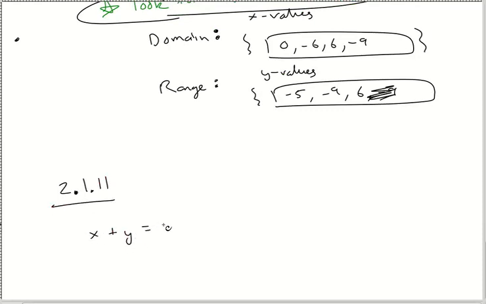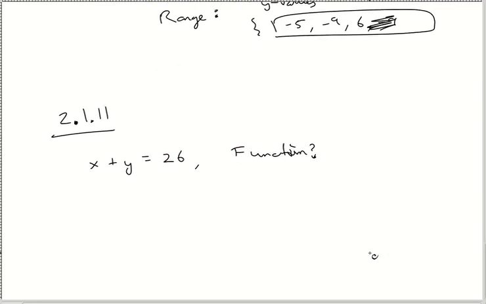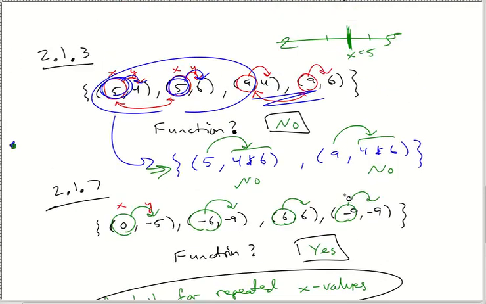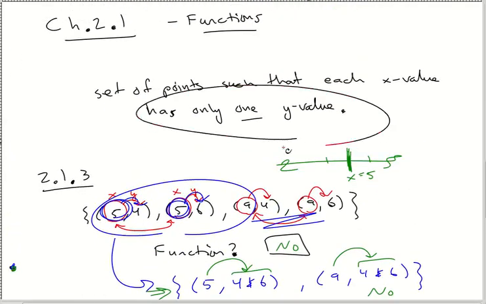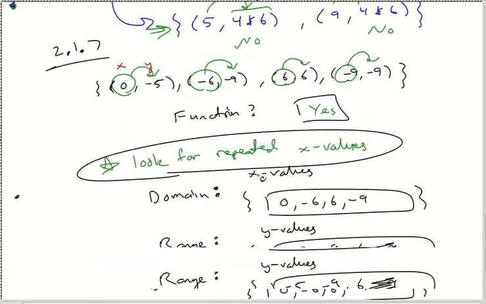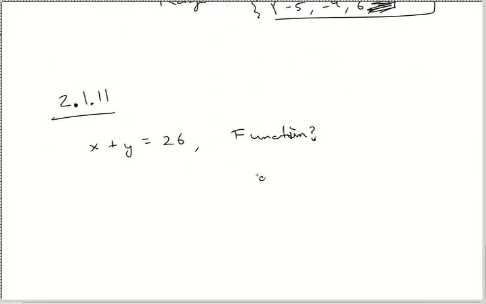x plus y is equal to 26, and they say, is this a function? Now, I want to repeat our definition for this here. It says we only have one y value. Okay, a lot of x's, but only the one y value for it. So I'm looking for a single y value.